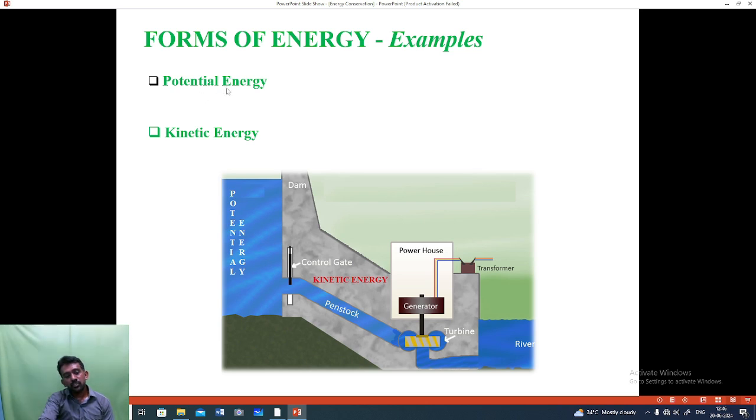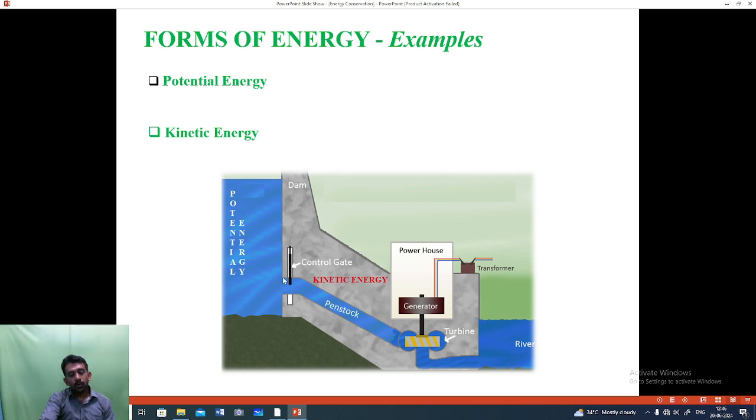So coming to the potential energy, the best example is the dam. When we store the water in the dam, it is basically the potential energy present in a particular area within a limited boundary.